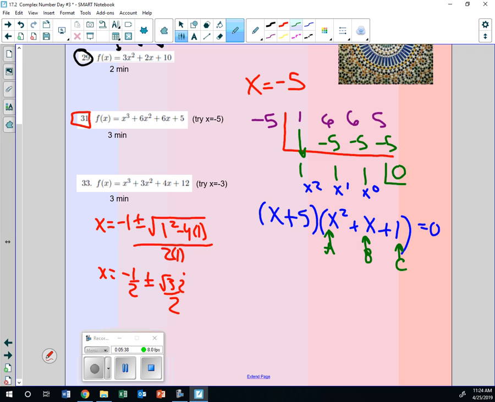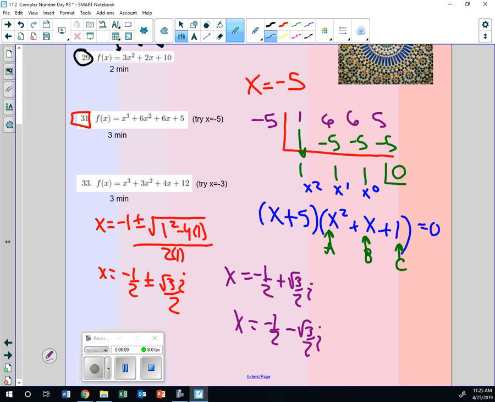Now, whenever you see 1/2 and square root of 3 over 2, what does that make you think of? Unit circle. So these are points on the unit circle for sure. The two roots that you have will be x equal to negative 1/2 plus the square root of 3 over 2 i. The other one is still a negative 1/2, but it's minus the square root of 3 over 2 i.